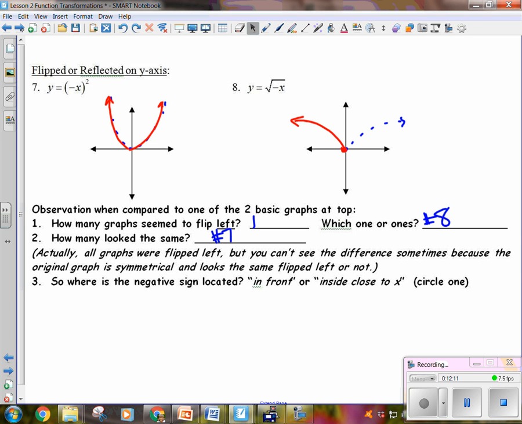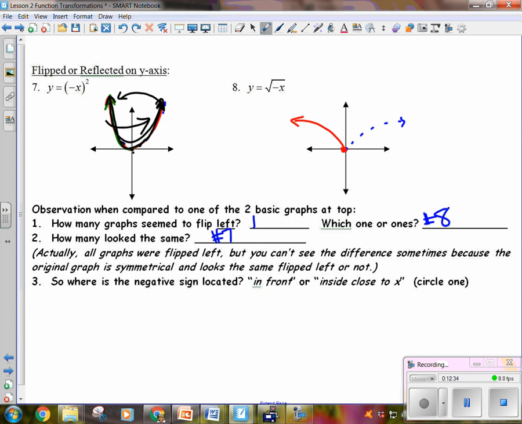So what that actually means is this side of the original graph got flipped over here, and this side of the original graph got flipped over there. But in the end, in a black and white window on our calculator, the graph still looks the same. So technically, it did flip across the y-axis. This one you can easily see.